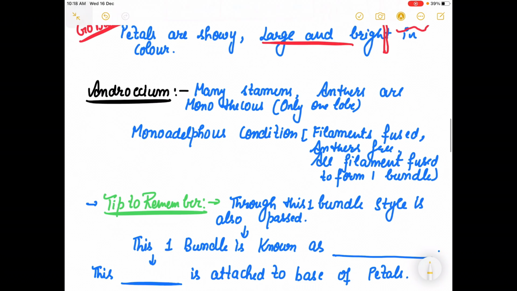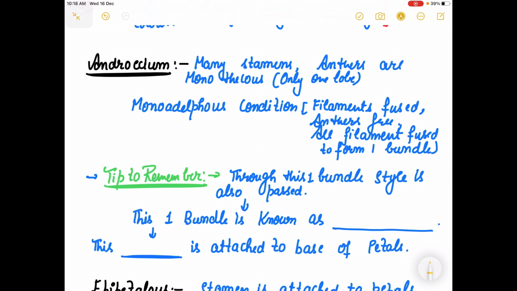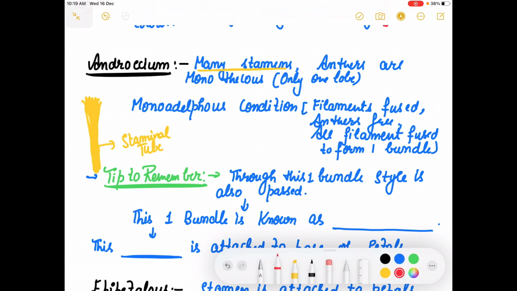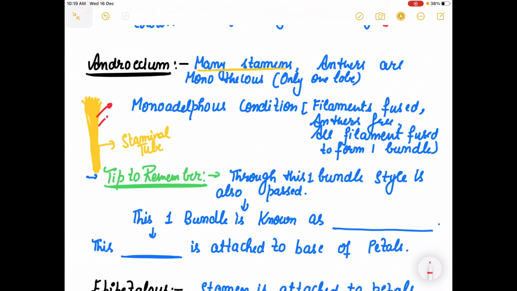Androecium, when we talk about the male reproductive whorl, as you know that these many filaments they join to form one bundle, and this bunch is arranged in the form of a tube, and this tube is known as staminal tube. So when we say bundle and when we say many filaments, it means many stamens and anthers. Now if you look here, these are the anthers which are arranged here.